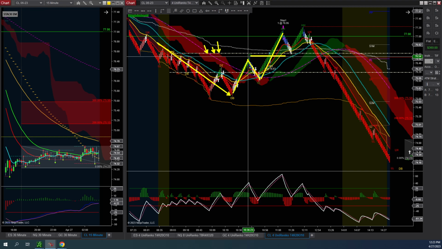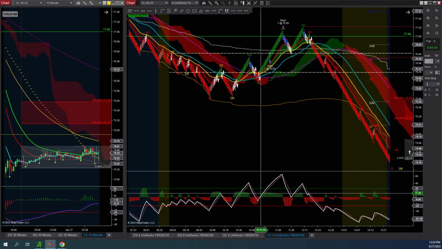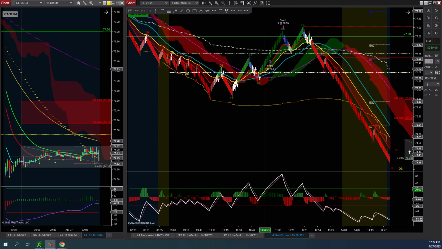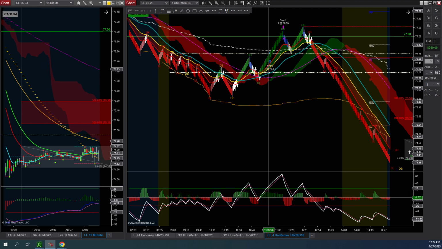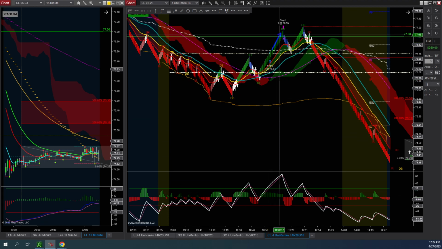So I waited a little bit until it crossed, even though I was below this resistance here, which is the VWAP, but I just took the trade. You see here, you do have a momentum below the 25 line and above the zero line, so it moved nicely to the upside.